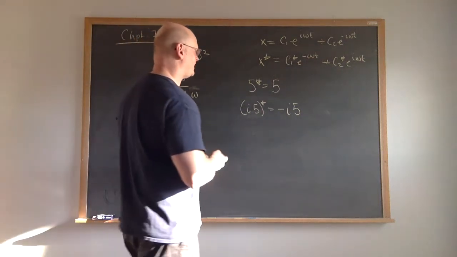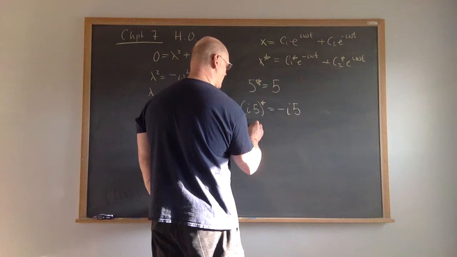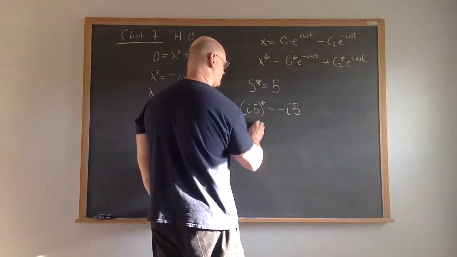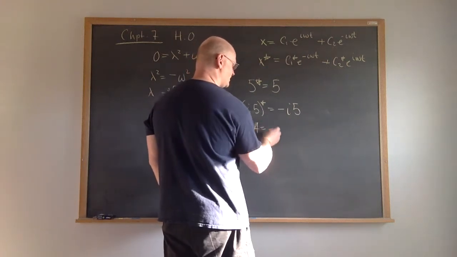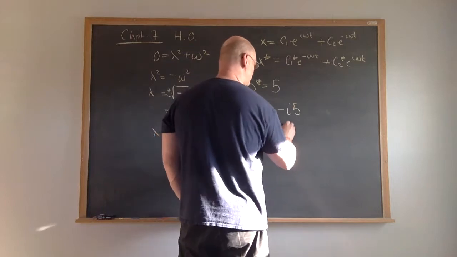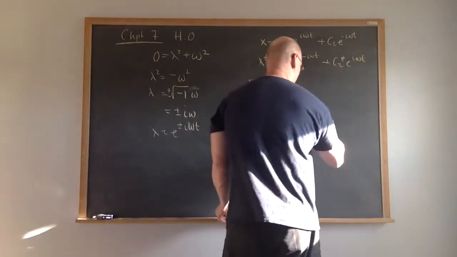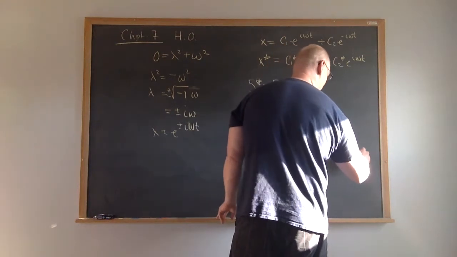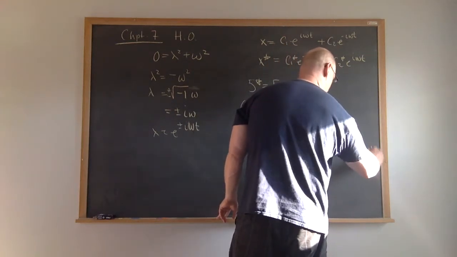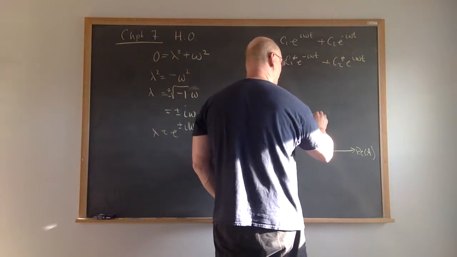So in general, any complex number, let's call that A, can be written in terms of a real part plus an imaginary part, which pretty much means that we can work in the complex plane.